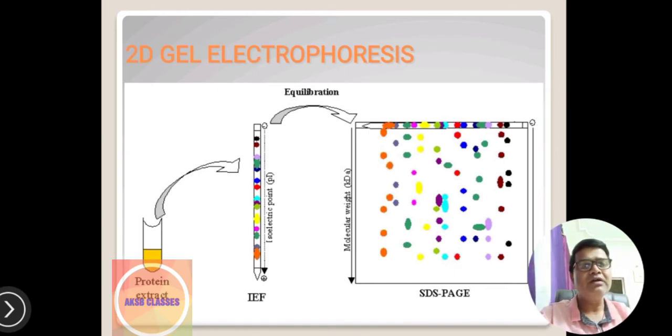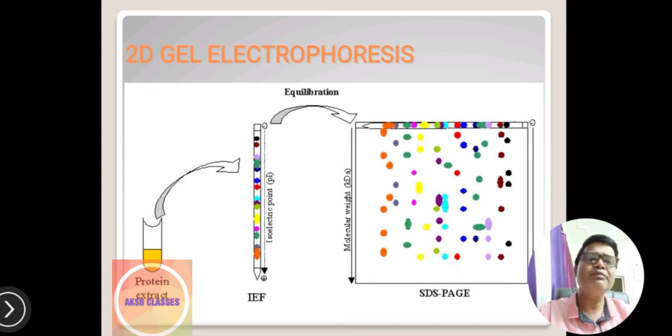The pH of the protein at which the net charge of the protein is 0. So each protein has its own characteristic, a specific pI. On that basis they are known. When the protein attains a particular pI, the protein becomes static.